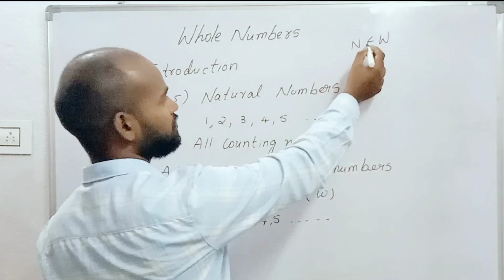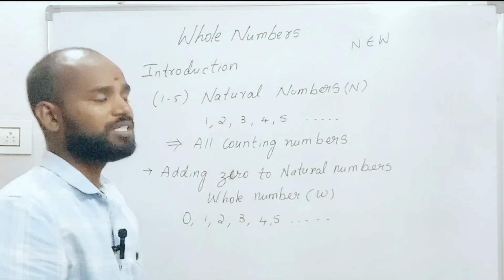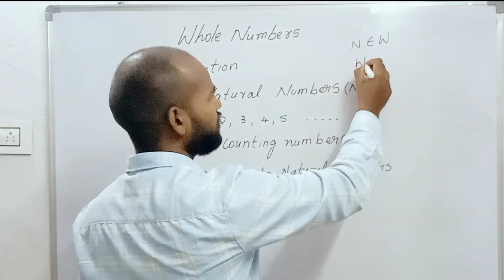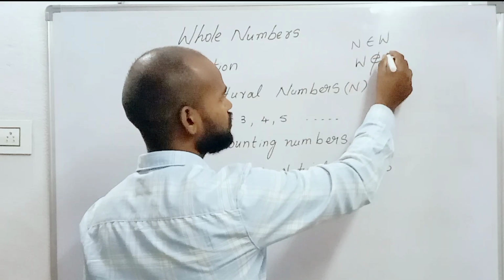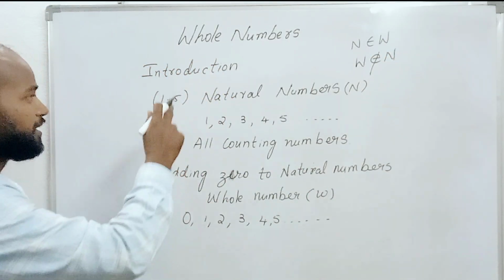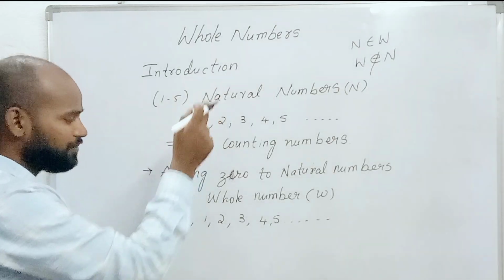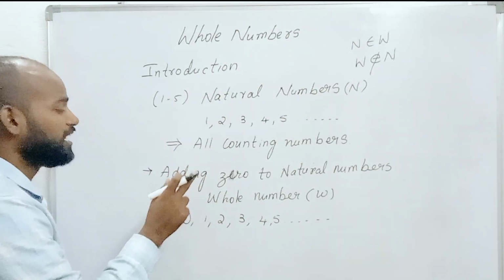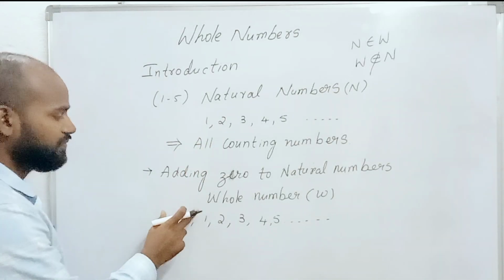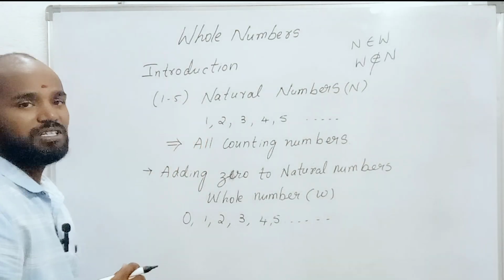This is the belongs-to symbol. But all whole numbers do not belong to natural numbers. What I am trying to say is, every natural number is a whole number, but every whole number may not be a natural number.